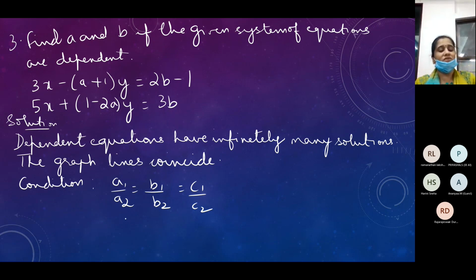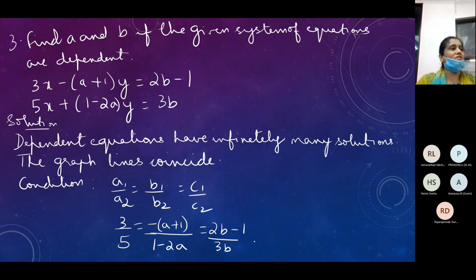Priyanka, tell me what's A1? 3 by 5 is equal to minus of A plus 1 by, no, that's 1 minus 2A. 1 minus 2A is equal to 2B.